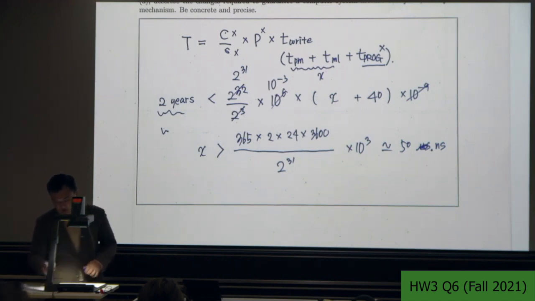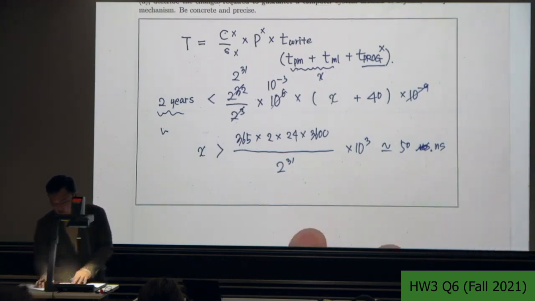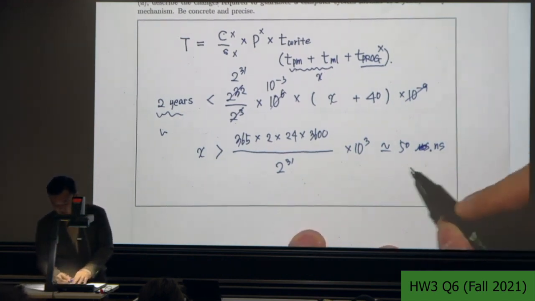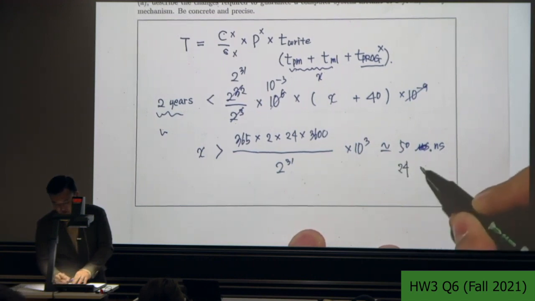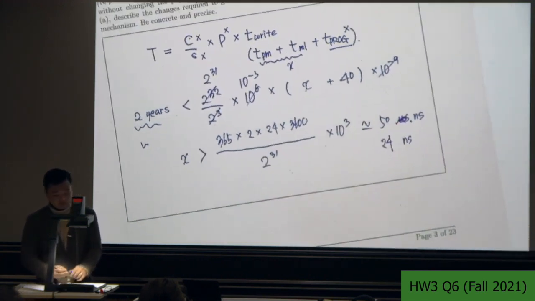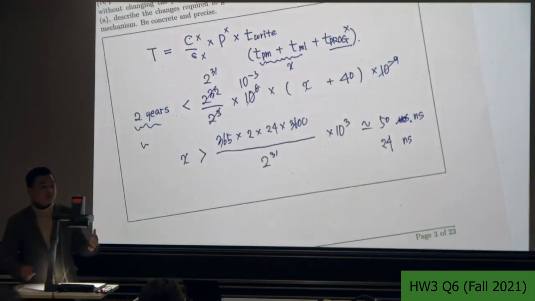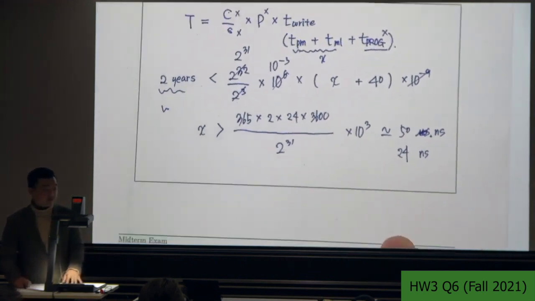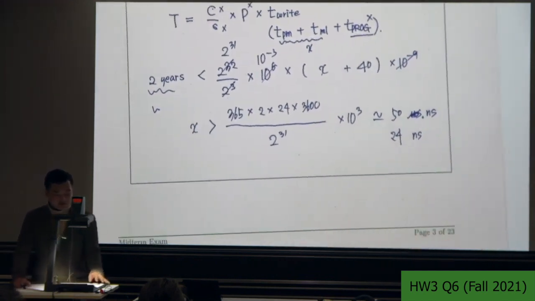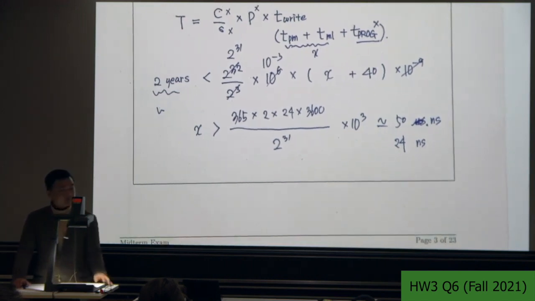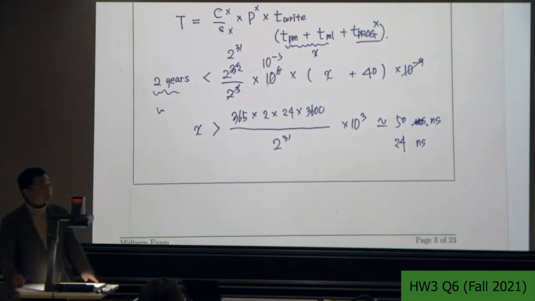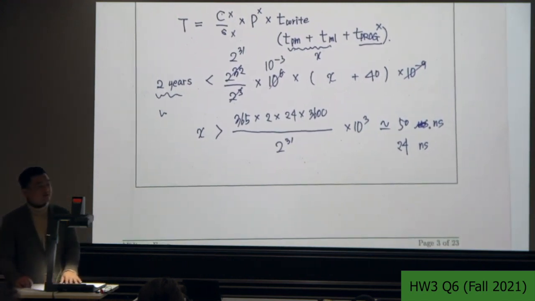Actually our original transfer time was 24 nanosecond total. So we double the transfer time just for guaranteeing the lifetime of the device, 2 years. Okay, that's all. Any questions for this?